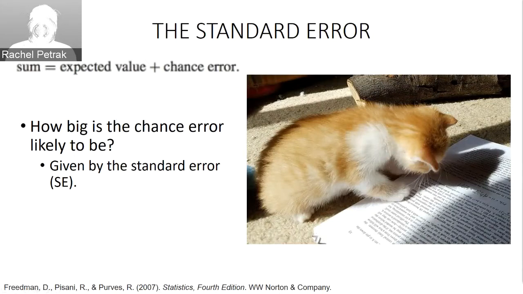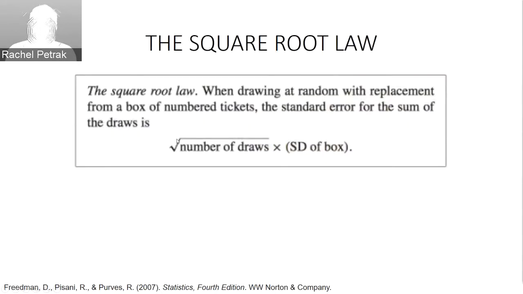And so the sum of any set of draws is going to be equal to our expected value based on the probabilities of the distribution of available scores in the box, and the chance error that we will estimate using the standard error. When we estimate the standard error, we use the square root law.